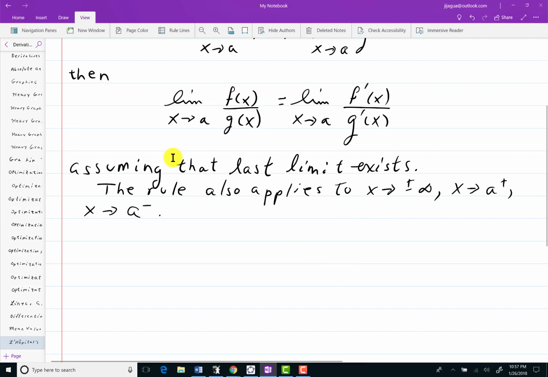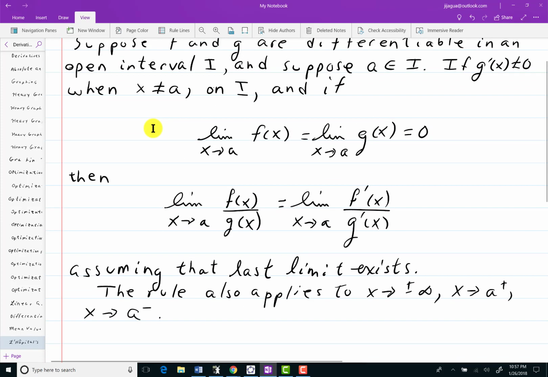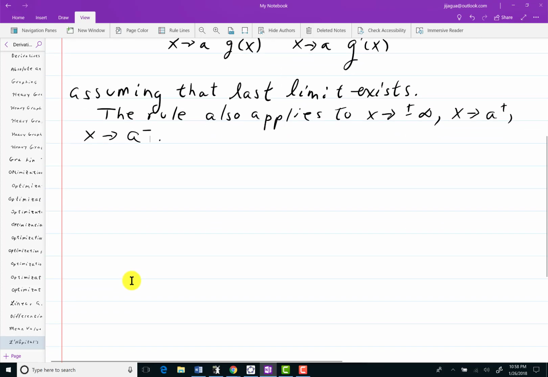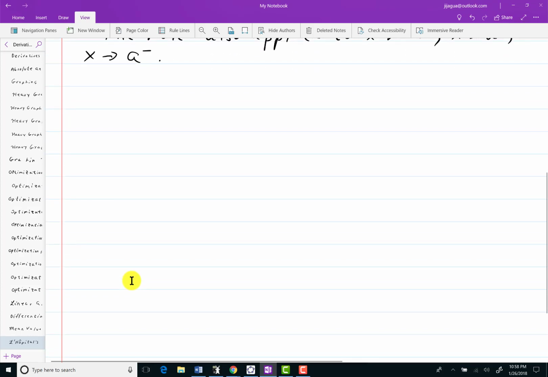The idea is this. You're confronted with a limit that comes up to the form 0 over 0. We see them all the time, and we've always had to do some sort of algebraic thing to cancel out the stuff that was 0. Well, this is going to let you bypass that by taking derivatives. When I do each of these examples, I'm also going to tell you about something called an indeterminate form.